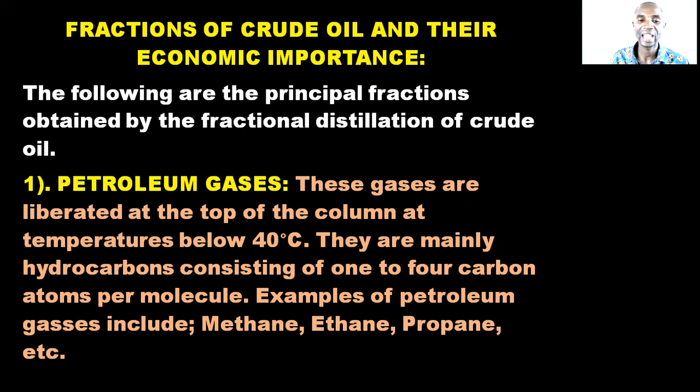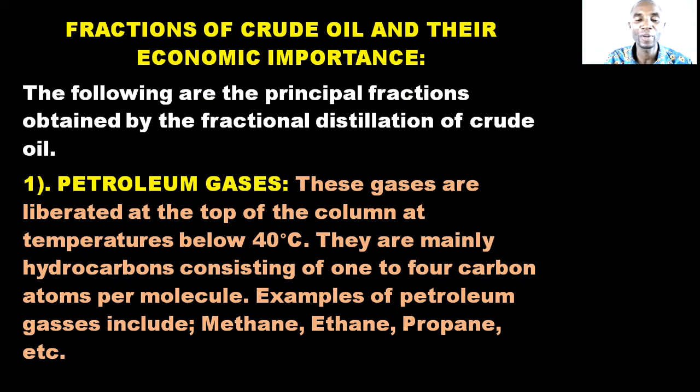One of them is gases, petroleum gases. These gases are liberated at the top of the column at a temperature of below 40 degrees. They are mainly hydrocarbons consisting of 1 to 4 carbon atoms. Examples include methane, ethane, propane, and butane. These are the first 4 members of the alkane series, and they are obtained there.